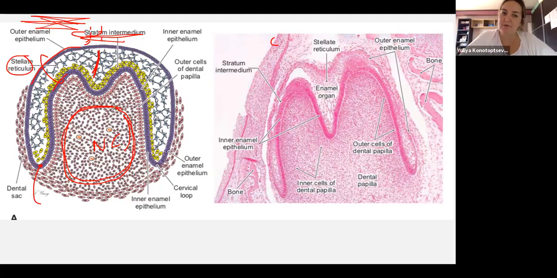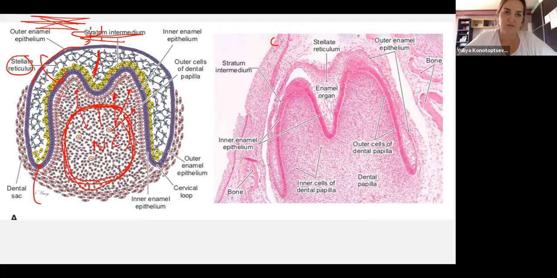Simultaneously, something is happening to the dental papilla. You remember that dental papilla is a mix of the 2 cells, the mesenchymal cells and the neural crest cells. At the bell stage right now, the neural crest cells migrate to the periphery of the dental papilla, to the most superficial point of it.